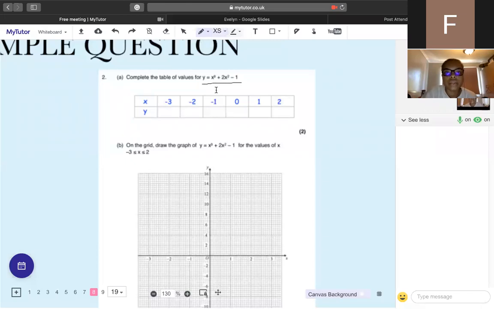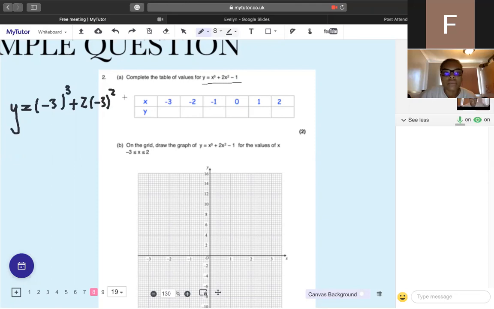We've got y, and then we substitute in x equals minus 3, so we have minus 3 in brackets cubed plus 2 times minus 3 squared, and then minus 1.